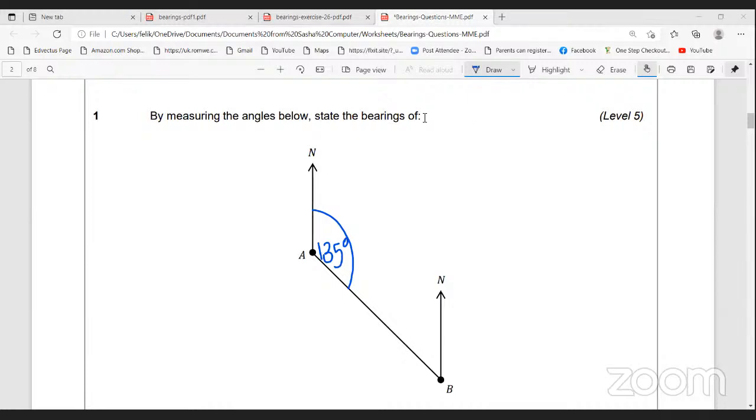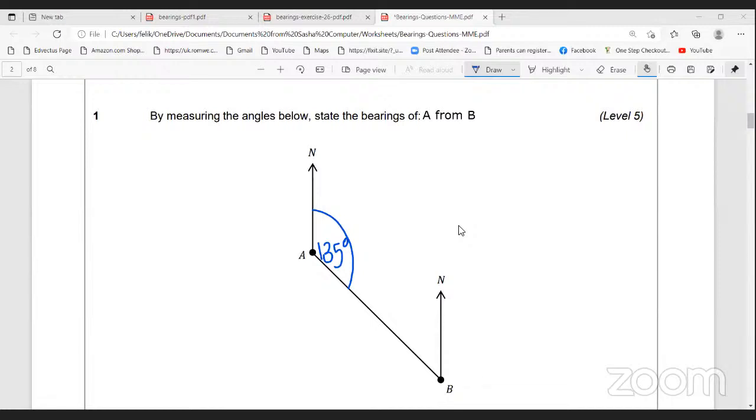So we're going to be finding the bearing of A from B.